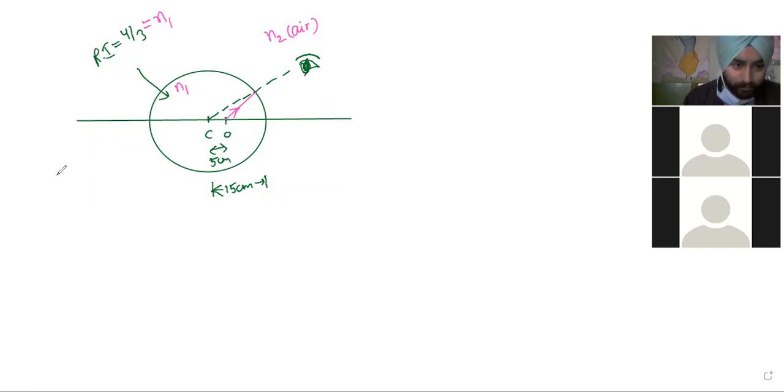In this case also, what is the value of u? We will write it as 10 centimeter. Radius of curvature is minus 15 centimeter.